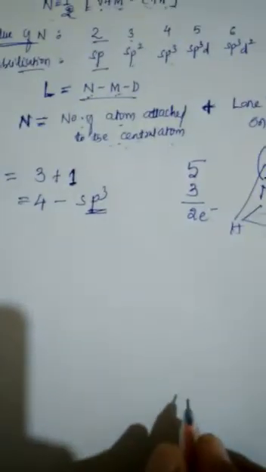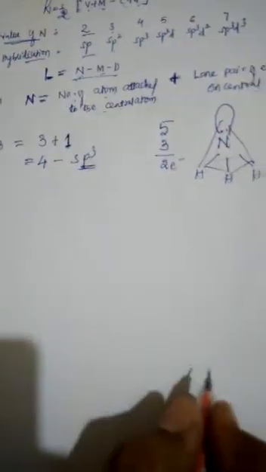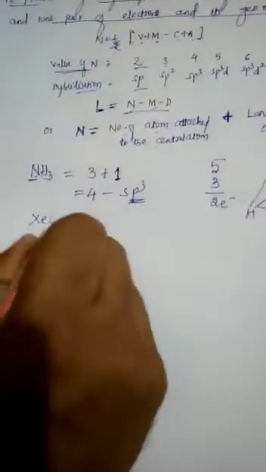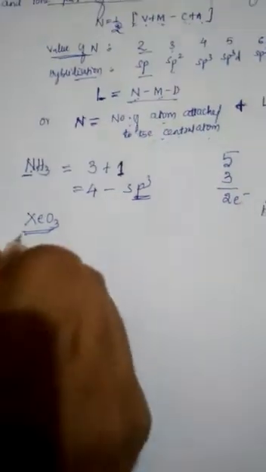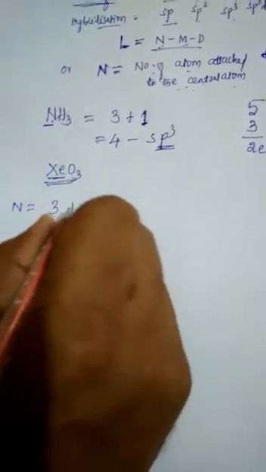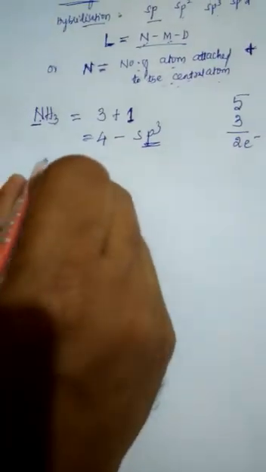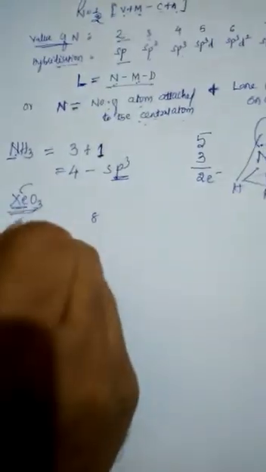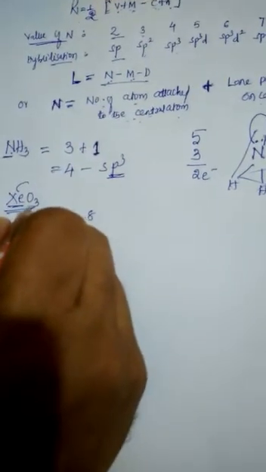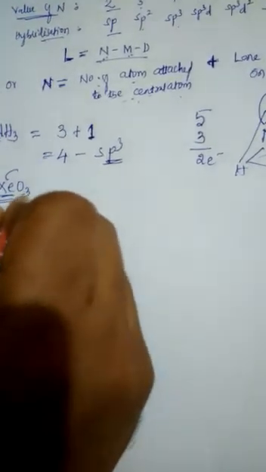Instead of these types of molecules, now I will go for a few important molecules. I will take xenon trioxide first. Which is the central atom again? Xenon. So the number of atoms attached to the central atom is 3. To calculate the lone pairs of electrons on xenon: xenon belongs to group 18, with 8 valence shell electrons. To form a bond with one oxygen atom, 2 electrons are required. There are 3 oxygen atoms, so 3 twos are 6.